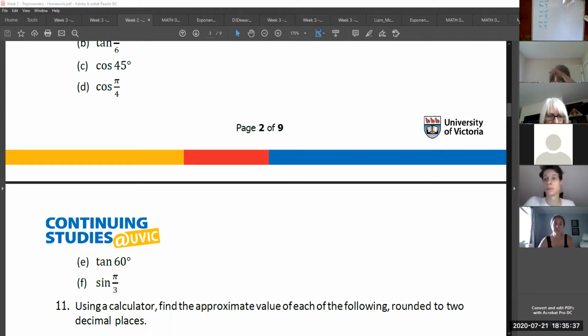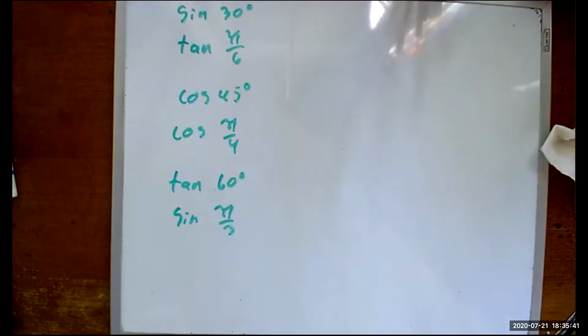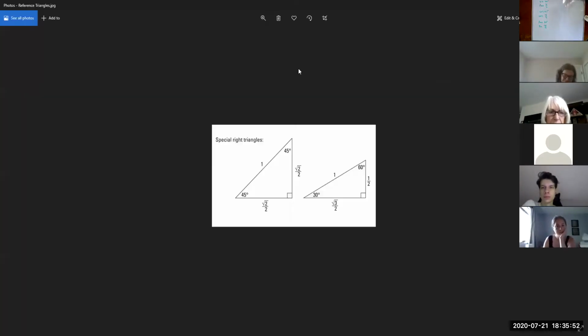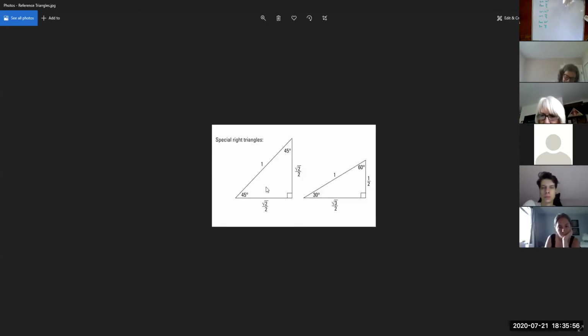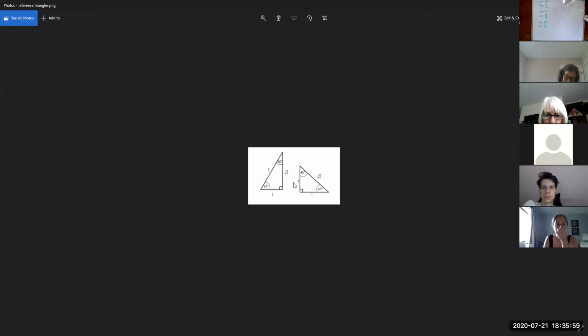What's going on here? I'm sharing the wrong thing. Come on, computer. Really quickly, let's go back and look at those special triangles. Where'd they go? There they go. I'm trying to make these bigger and it's not being cooperative.